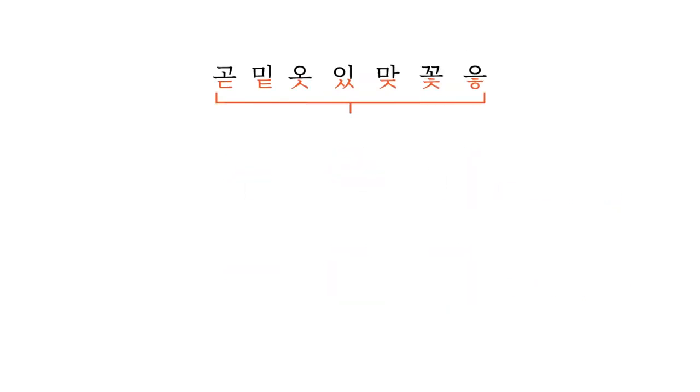These letters, when they come as a final consonant and are not followed by the circle letter, are pronounced as 드. And these are pronounced as 그.